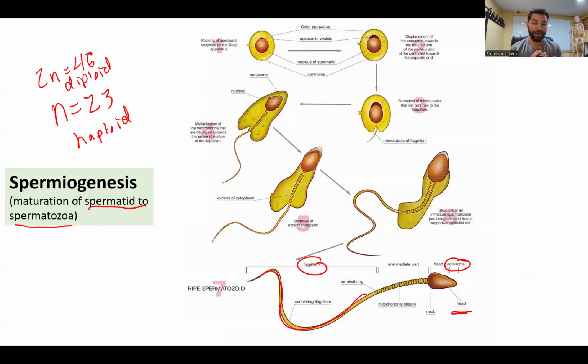So our gonia cells, I should probably do this on their page, but it's all good. Our spermatogonium, our oogonium, all those gonias were diploid. As you move through and they start undergoing meiosis, we end up with a finalized product of gametes, which are haploid.